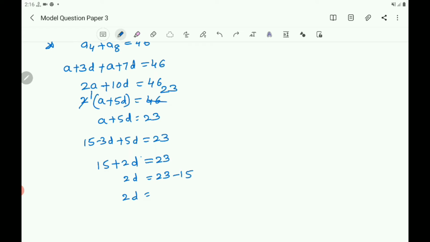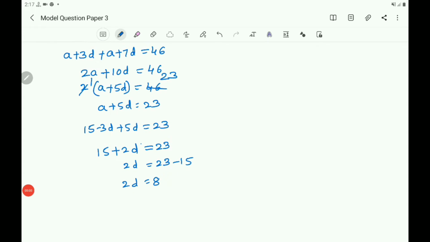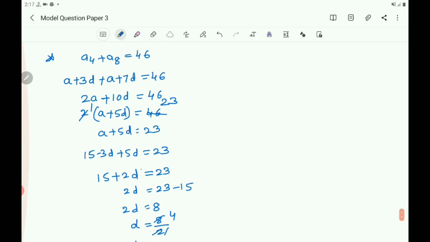Now 23 minus 15 is 8, because 15 plus 8 is 23. So you got 2d equals 8. Now you solve d. d equals what? 8 by 2. Then d equals 2 1s are 2, 4s are 4, you got d equals 4.